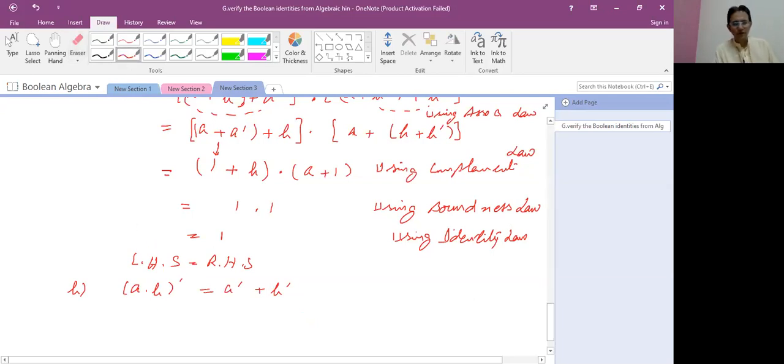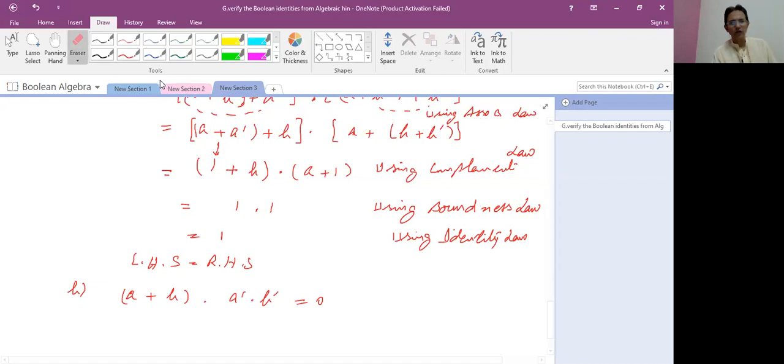So student, if we consider A plus B complement, as you know that (A plus B) whole complement, (A plus B) dot A complement into B complement, which is equal to 0, according to first De Morgan's law.